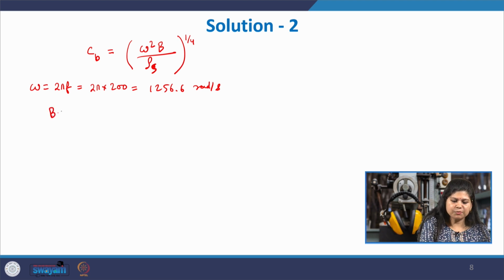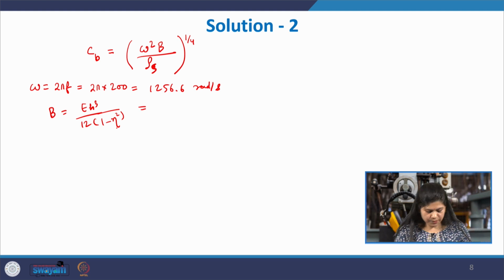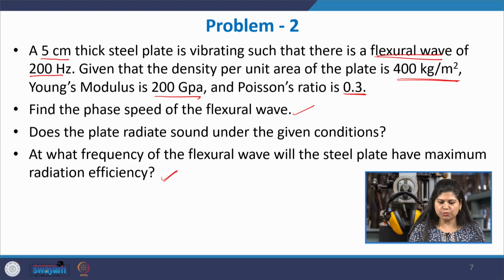The bending stiffness is given as E h cube by 12 times (1 minus nu square). Here I will use a different symbol for Poisson's ratio, to not confuse it with the frequency. All these values are given. The Young's modulus is 200 gigapascals and Poisson's ratio is 0.3.